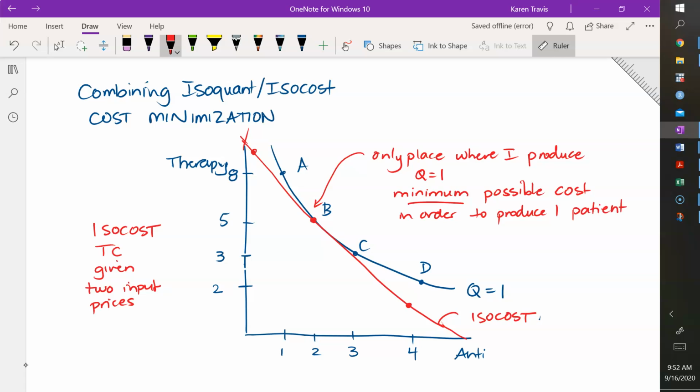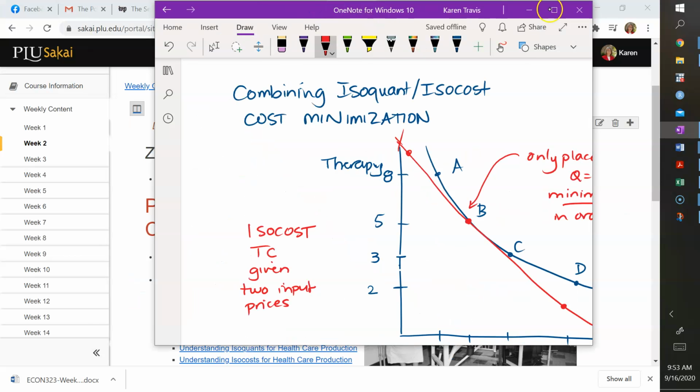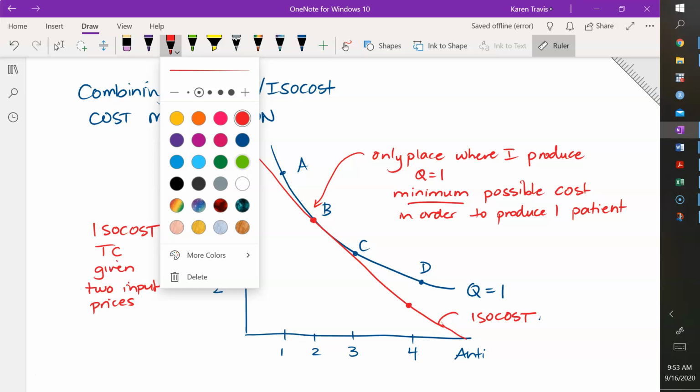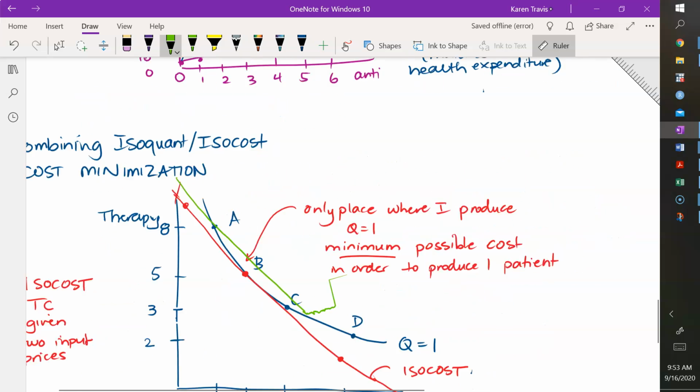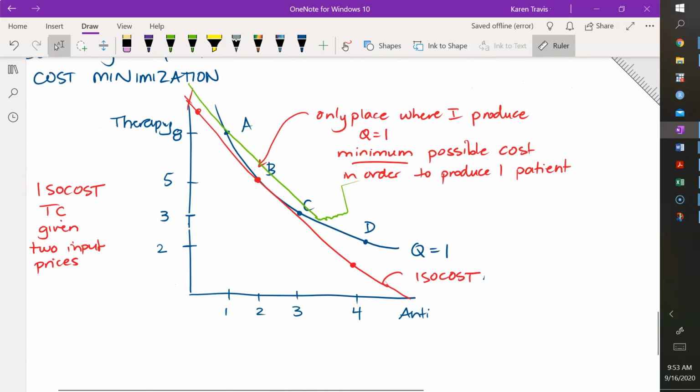Now I can still do that production with more money. So for example, if I did point A, point A is a possible means to produce, but as we learned from the isocost video, a higher isocost is greater total cost.